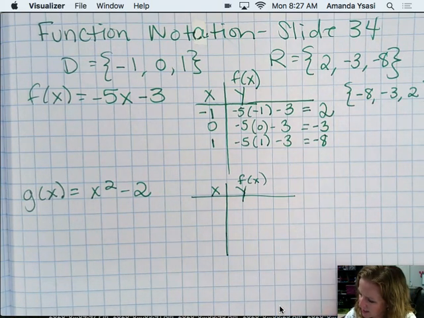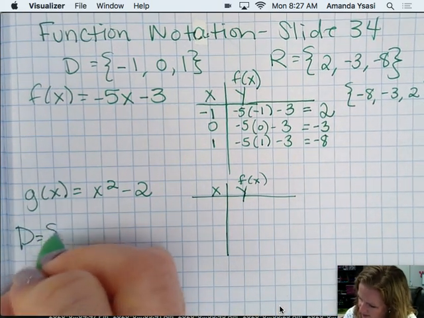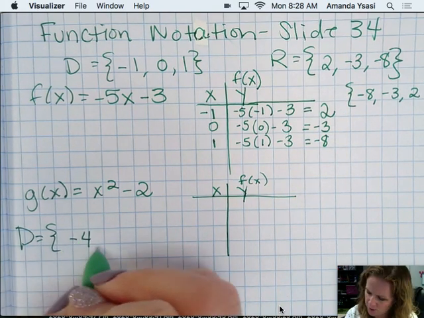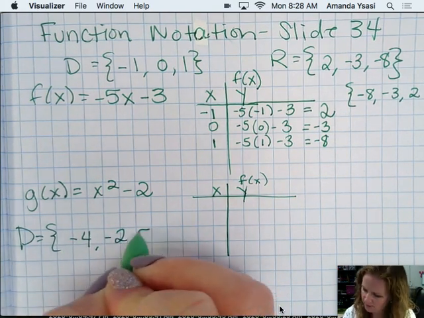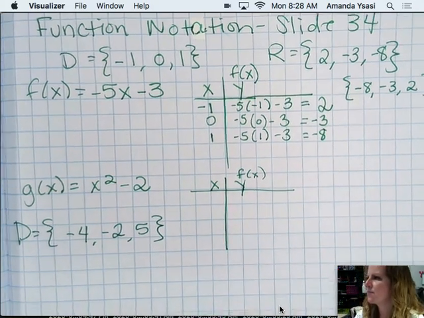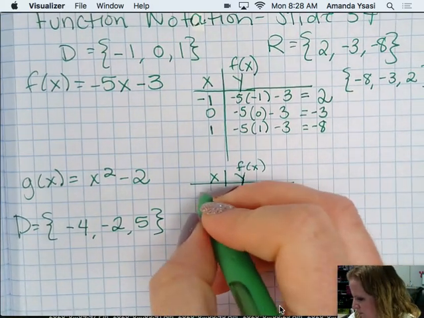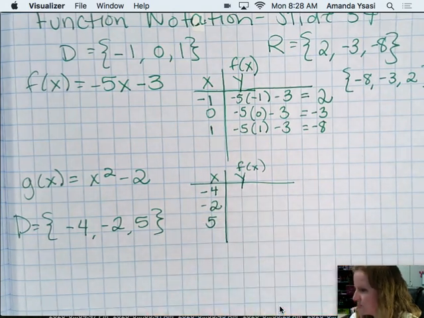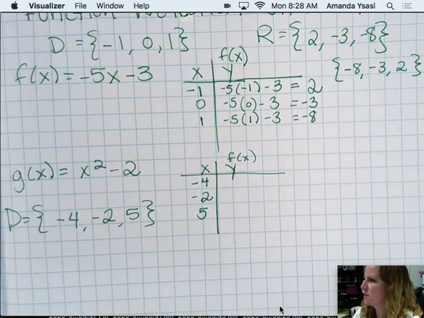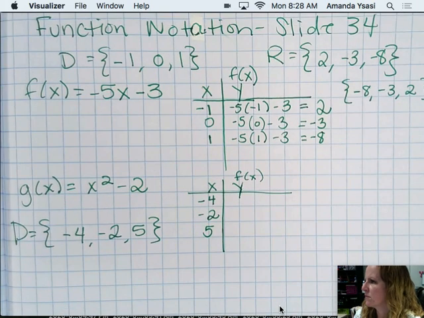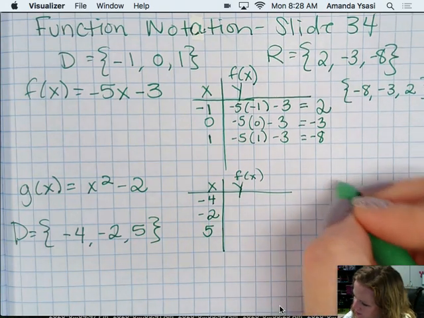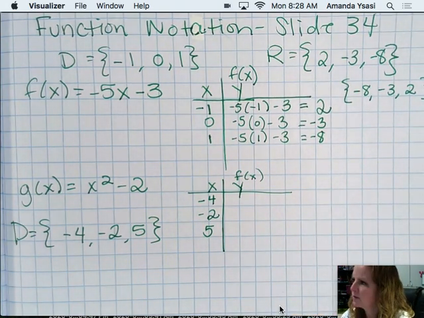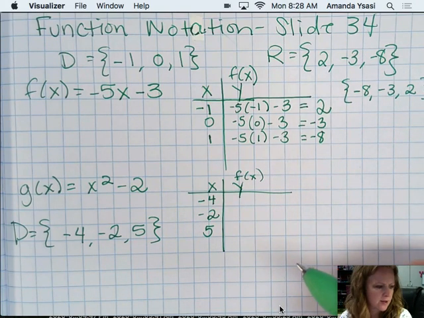And it says that our domain is going to be negative 4, negative 2, and positive 5. We want to find what the range is.